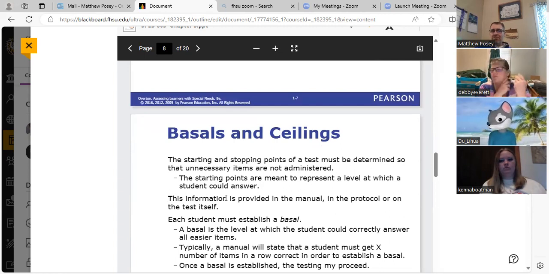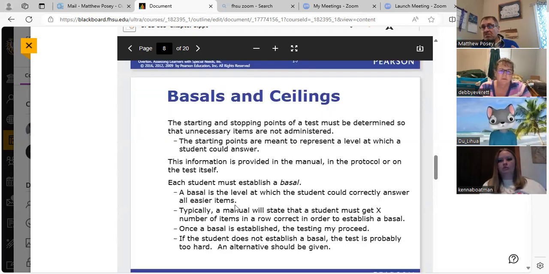Basals and ceilings, you heard me mention that. Are you guys familiar with the basals and ceilings? After I read the chapter, I am. Yeah, I remember going through the program and I'm like, what are they talking about? But it makes sense after you read it, then you get to practice that.